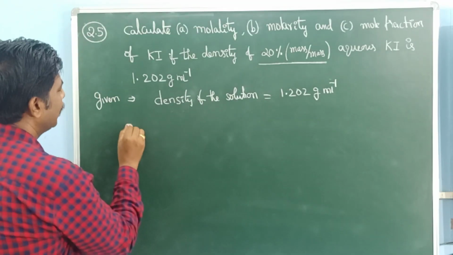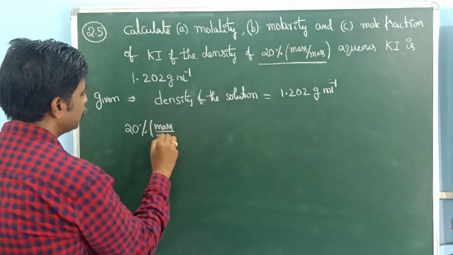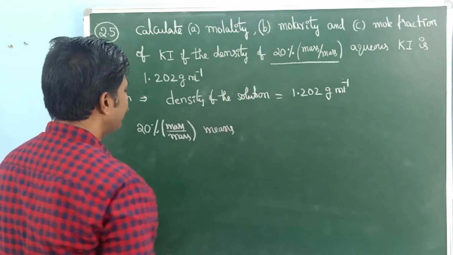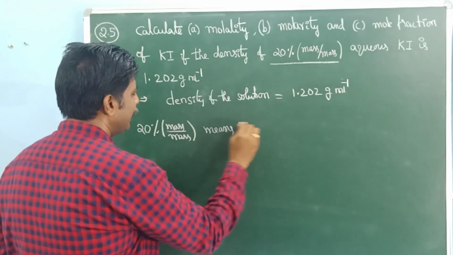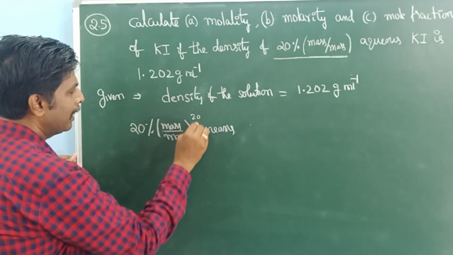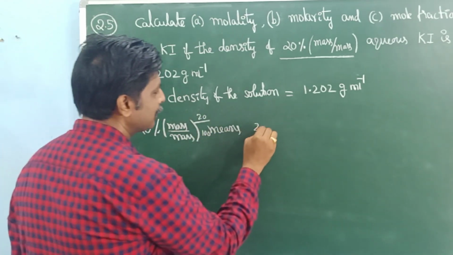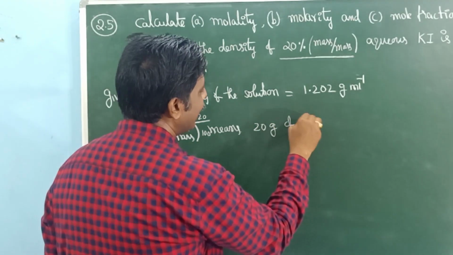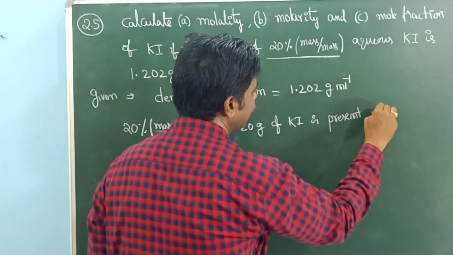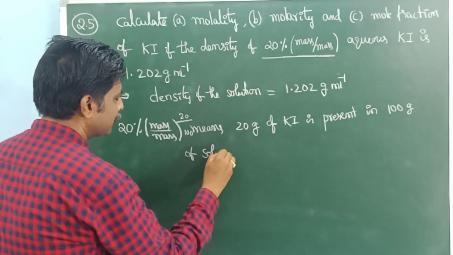20% mass by mass means 20 by 100. So 20 is the mass of solute, 100 is the mass of solution. That means 20 grams of KI is present in 100 grams of solution.